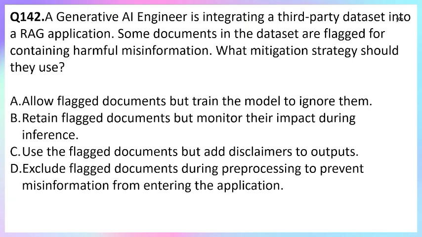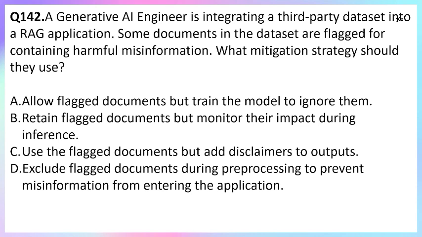Question number 142. A generative AI engineer is integrating a third-party data set into a RAG application. Some documents in the data set are flagged for containing harmful misinformation. What mitigation strategies should they use?